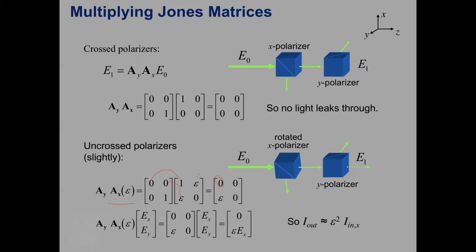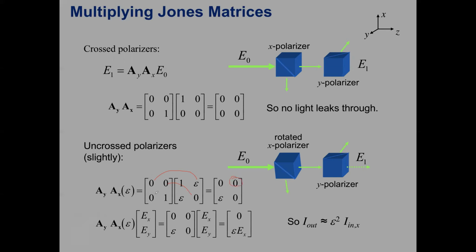And then if we do the second component, 0 times epsilon is 0, plus 0 times 0 is also 0.